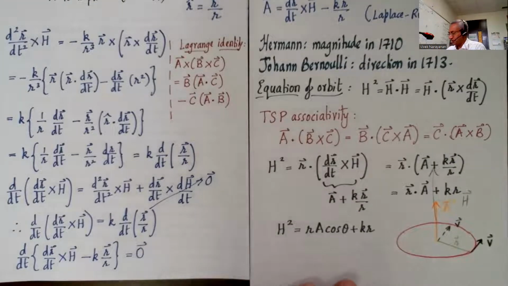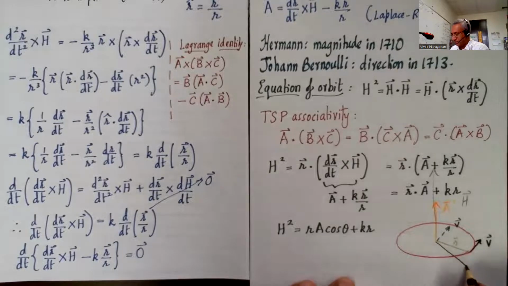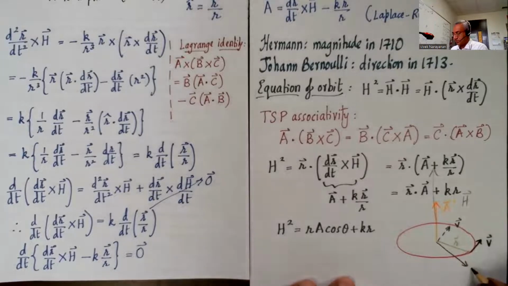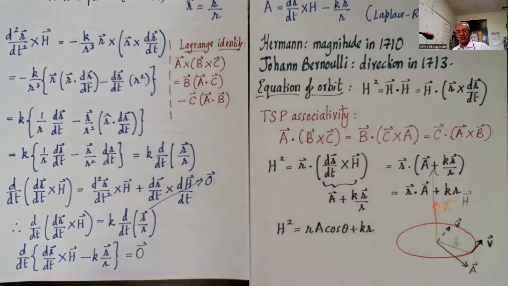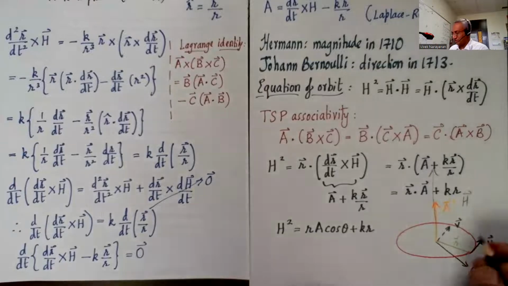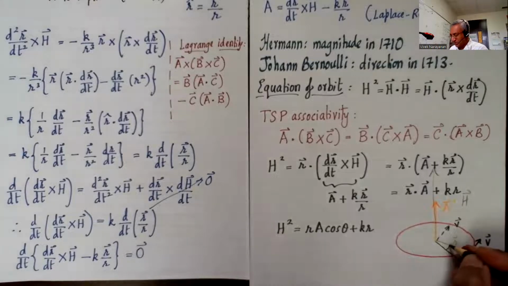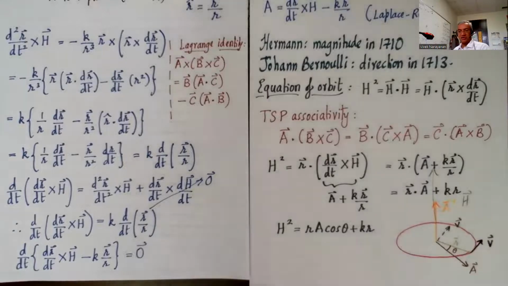So one big motivation for Bernoulli to discover the true meaning of the direction of A was that it's lying in the plane of the orbit. So it's saying something about the orbit. And this took 3 years for Bernoulli to work out, which I'll lay out in the next 5 minutes. History is so ironical. What took people years to work out will just take me minutes to describe.